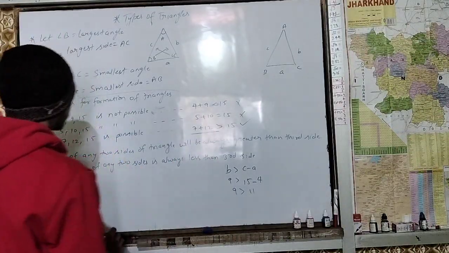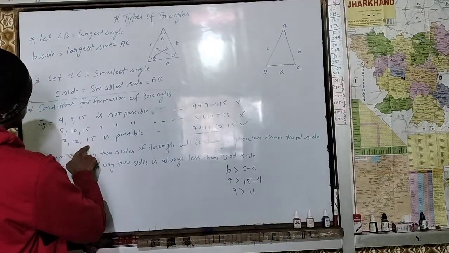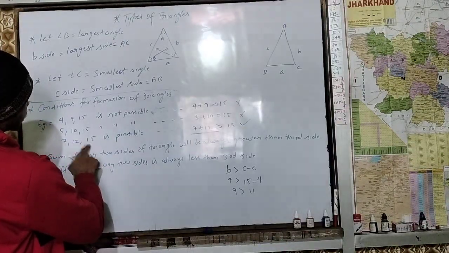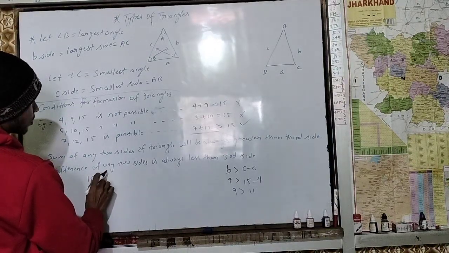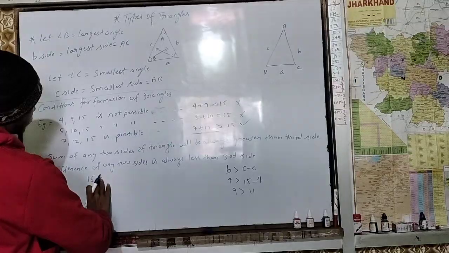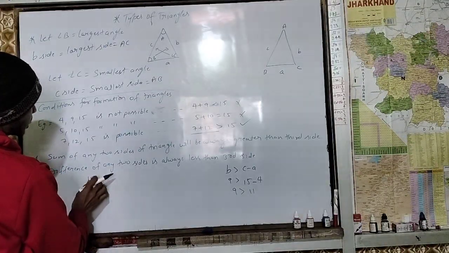Let's take this. Over here 15 is equal to, let's say 50. We are taking this third side.